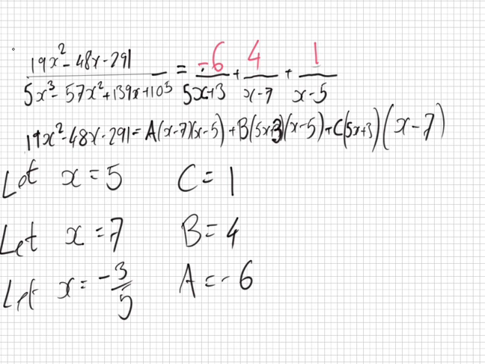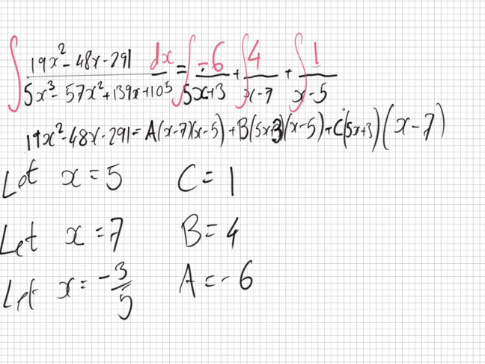So if I want to integrate this, it's the same as integrating these 3, which is handy. The reason that's handy is because these 3 are in the formula book. If you open up your formula book, you can take the 6, 4, and 1 out.